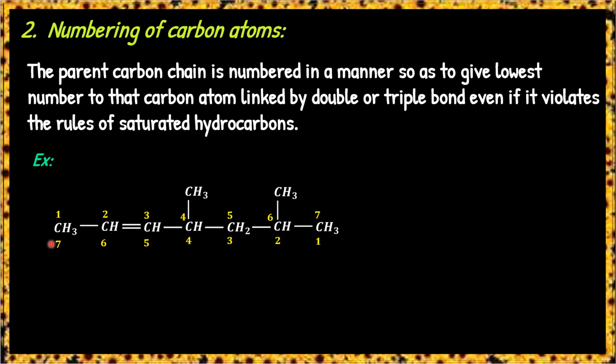So numbering from right to left is the wrong way, and this one is the correct numbering. That means, keeping the substituents aside, we have to give the priority to the double and triple bonds while numbering the carbon chain.